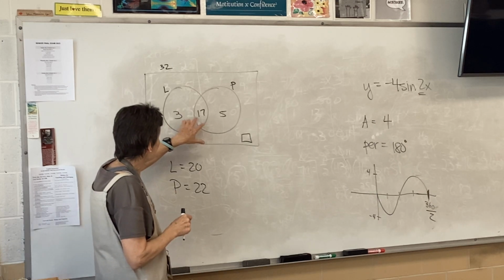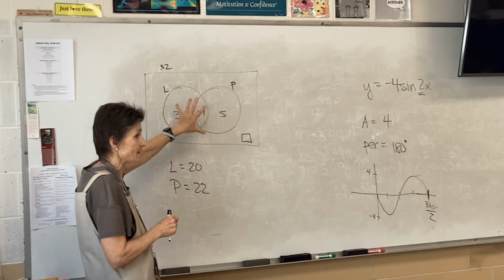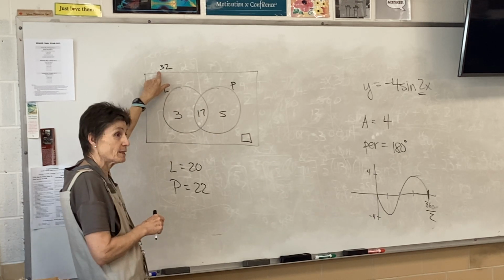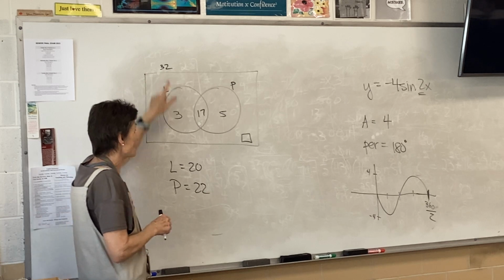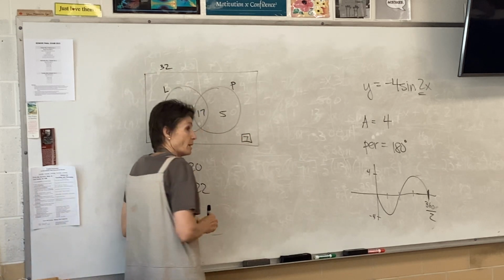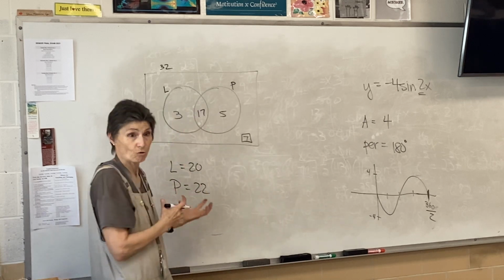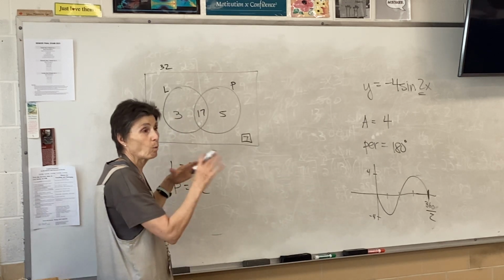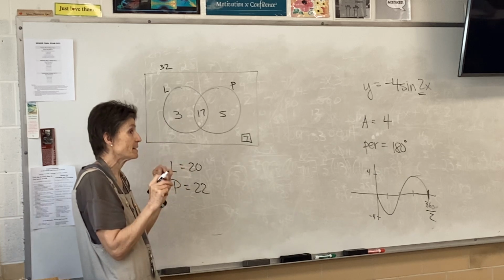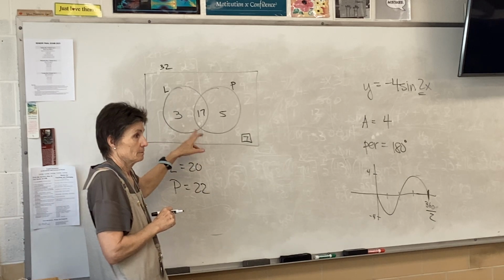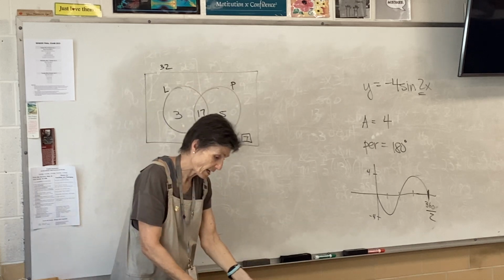We got 3 and 17 and 5, so that's a total of 25. But there are 32 kids in the box, so 7 of them must be out here that don't like either. So there will be a question on the exam where you're going to draw a Venn diagram. Now, what question you answer, who knows? It might be, how many like only logarithms? 3. There's lots of different questions we could ask.